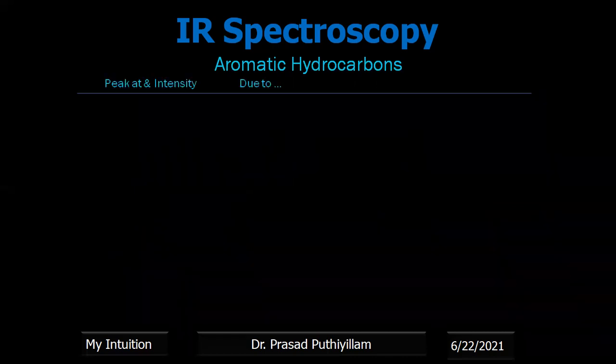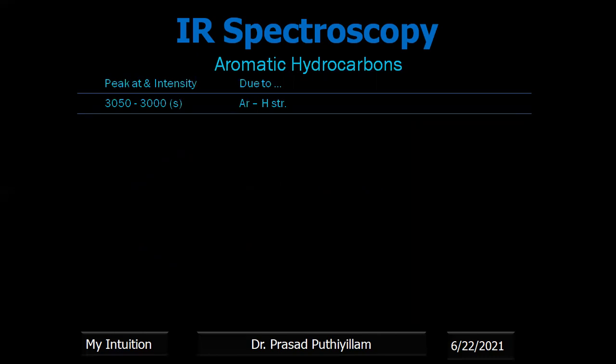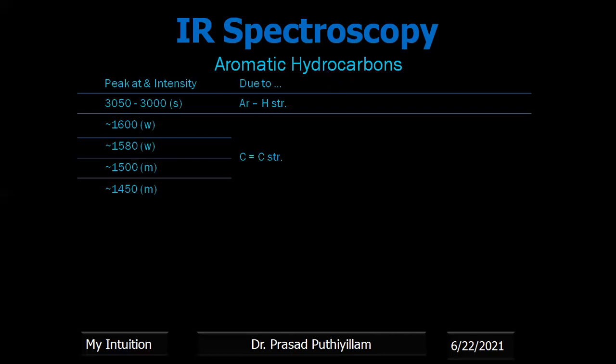The other values connected to that: around 3050 to 3000 is the aromatic ring hydrogen CH stretching absorption. Then 1600, 1580, 1500, 1450 is the carbon-carbon stretching of the aromatic compound, which is the characteristic of aromatic compounds.